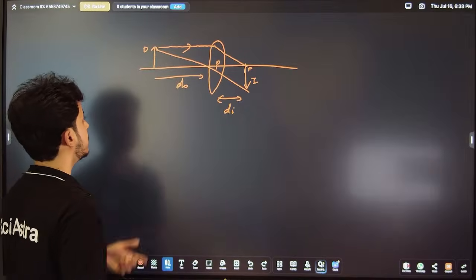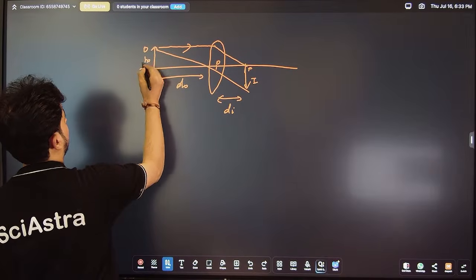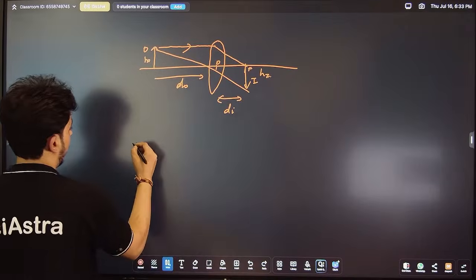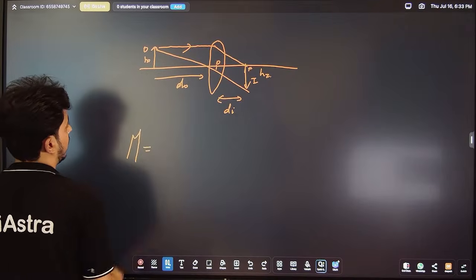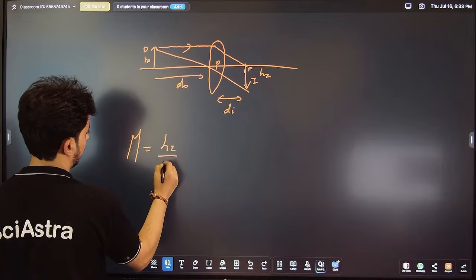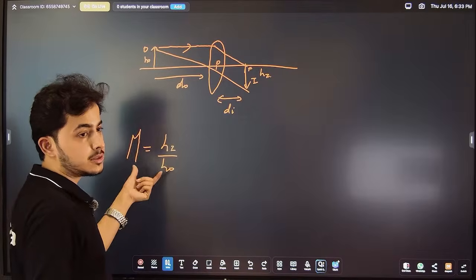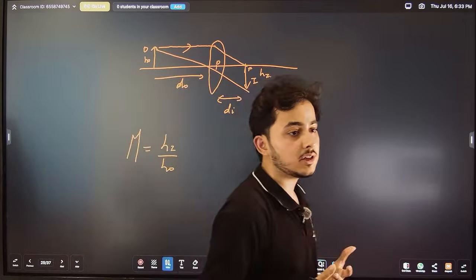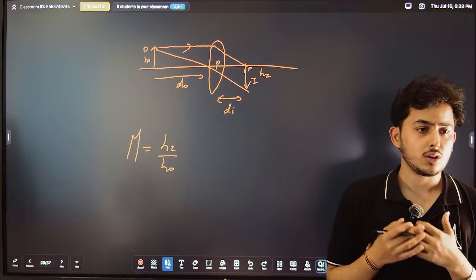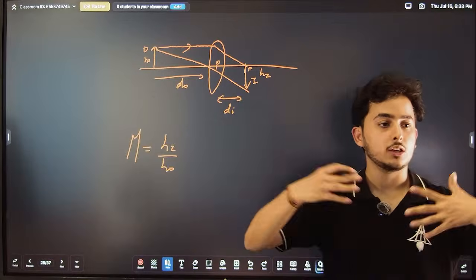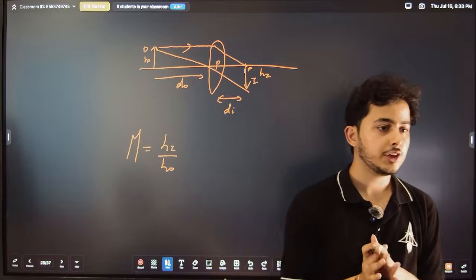So these are the distances, and let's say the height of the object is HO and the height of the image is HI. Then if you have to define magnification, you can simply feel it as HI by HO, okay. That means with respect to the height of the object, how many times you have increased the height of the image, how many times you have magnified it. So I hope you got the feel of magnification.